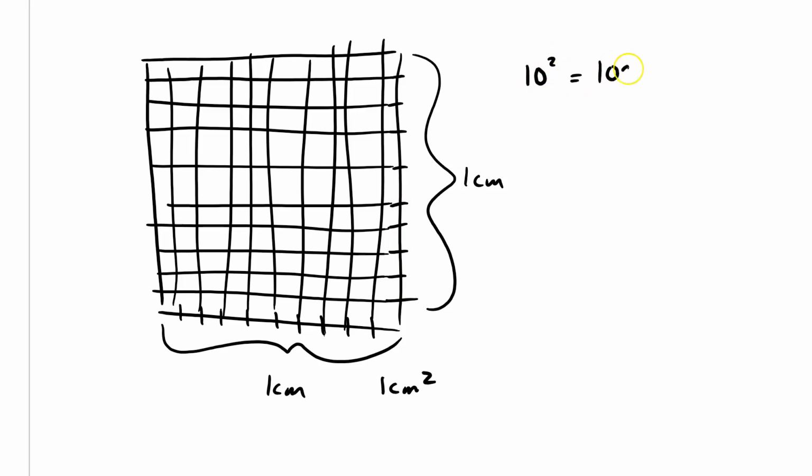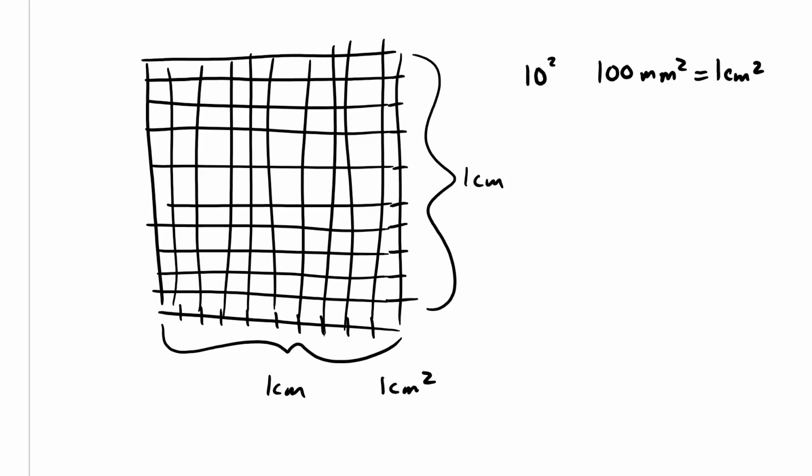So there's 100 millimeters squared. 100 millimeters squared equals 1 centimeter squared. It always shocks me how many millimeters squared there are in 1 centimeter squared, because 1 centimeter squared isn't that big. If you were to actually measure it out, it's maybe something like that, and 100 of something fit in there. That's pretty crazy.